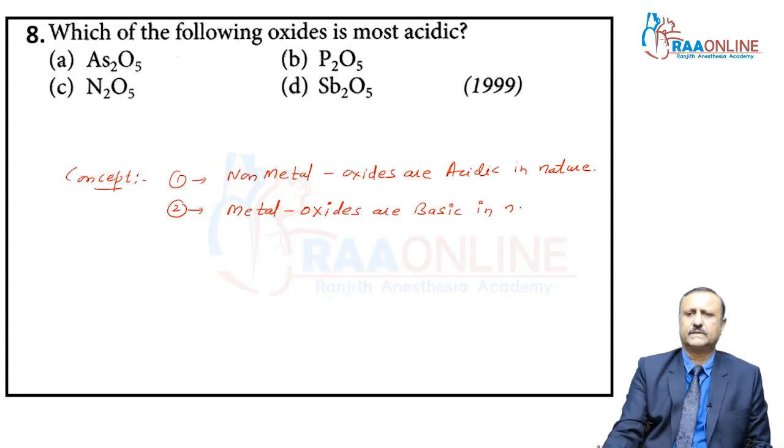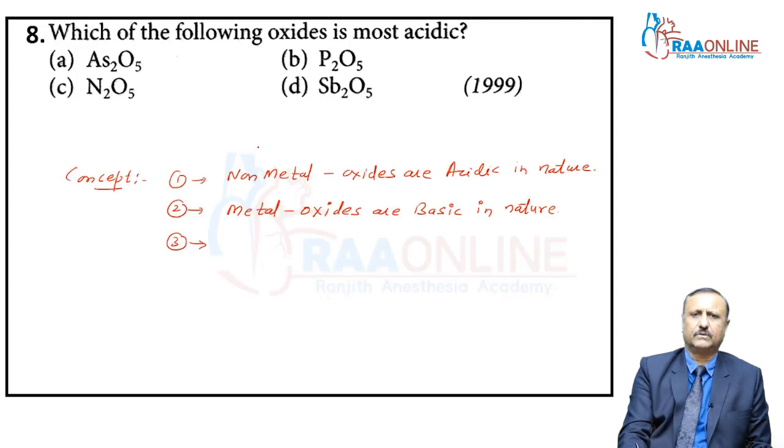And my dear students, the third point is amphoteric, or metalloids, you can also say. Non-metal means here nitrogen, my dear students. Metal means bismuth.